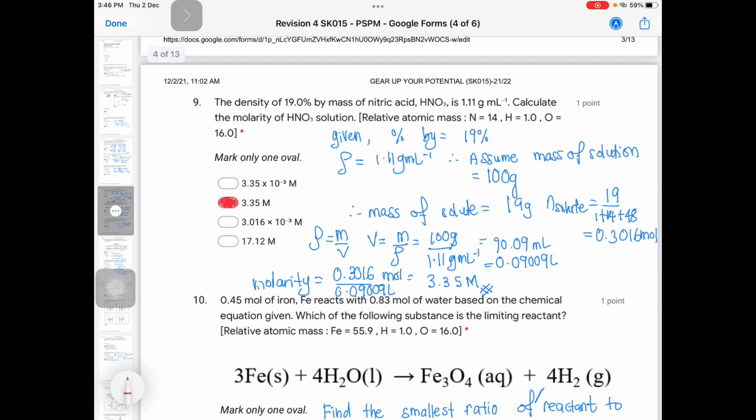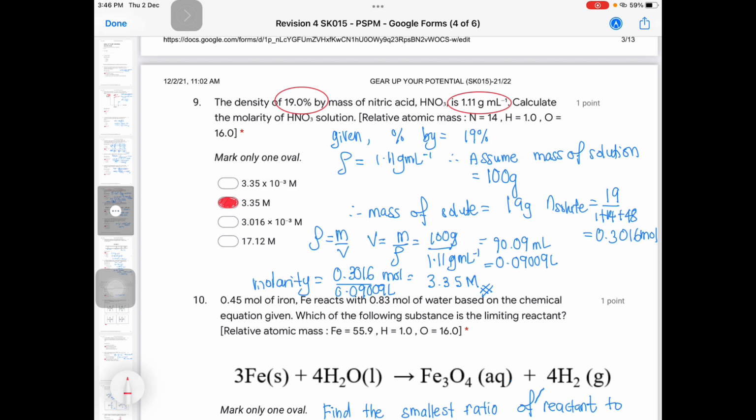Okay, next. You are given the density of nitric acid 1.11 gram per milliliter. Calculate the molarity. Okay, so this one is percentage by mass, and then this is density. Okay, so assume the mass of solution is 100 grams.